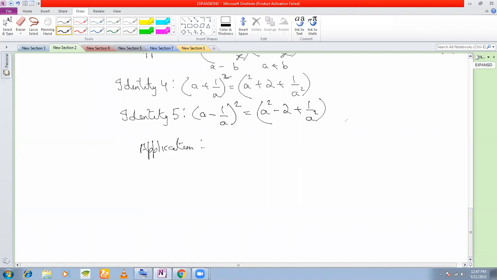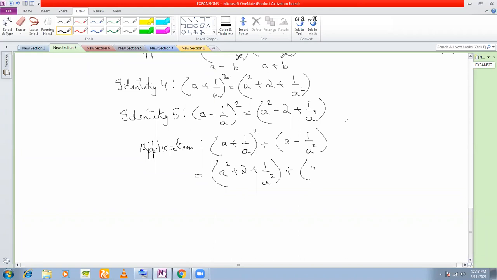You have to simplify (a plus 1 by a) whole square plus (a minus 1 by a) whole square. Then we'll simplify it just by writing these. A plus 1 by a whole square, you know, is a square plus 2 plus 1 by a square.